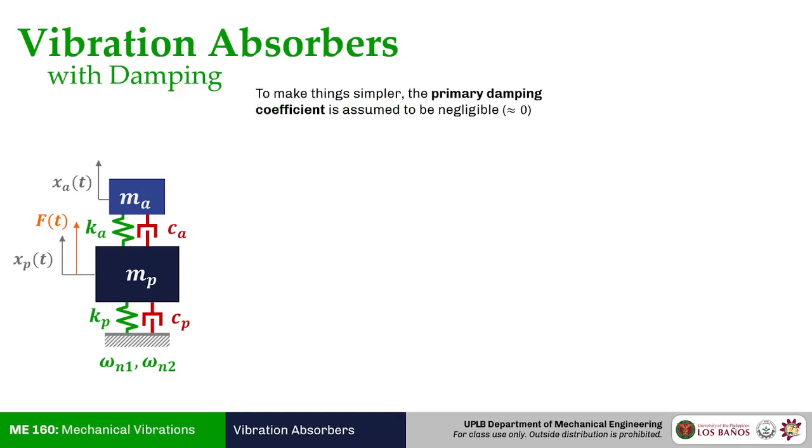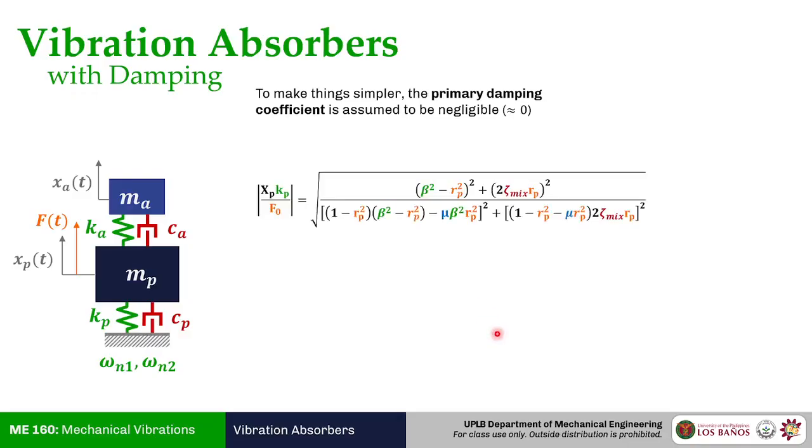So another thing that we can do is to assume that, since our system is experiencing such wild vibrations, our primary system's damping is essentially non-existent. It's negligible. So we apply some particular complex identities and we eventually get to this.